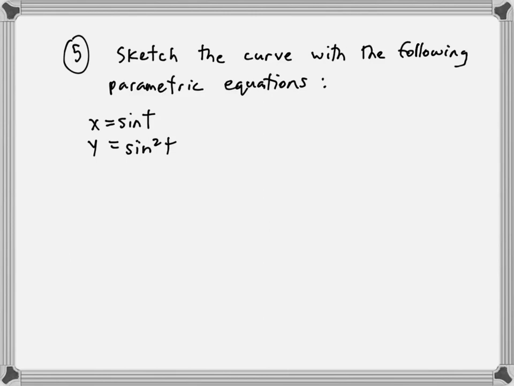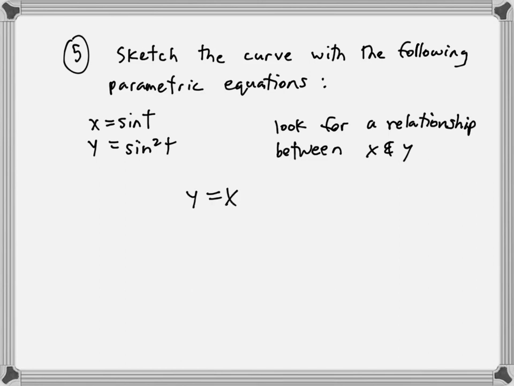So there's a lot to consider here, but what we start with is just to look for a relationship between x and y. So do we see a relationship? Well, since x is sine and y is sine squared, doesn't it make sense that y is equal to x squared?